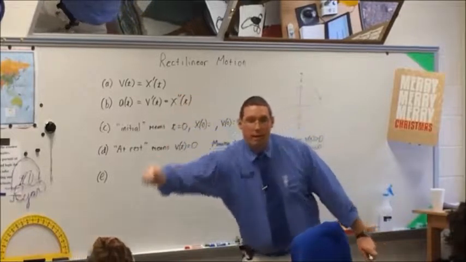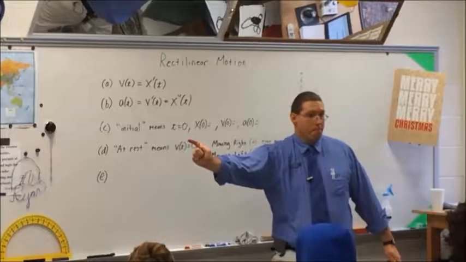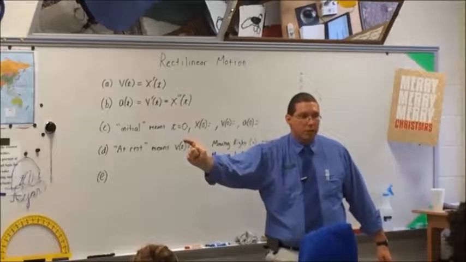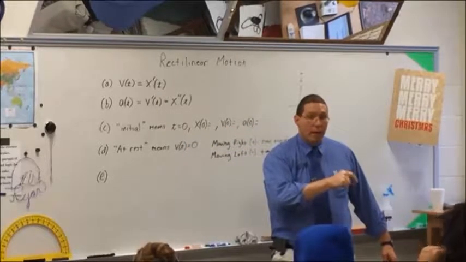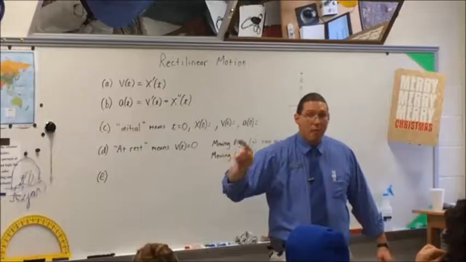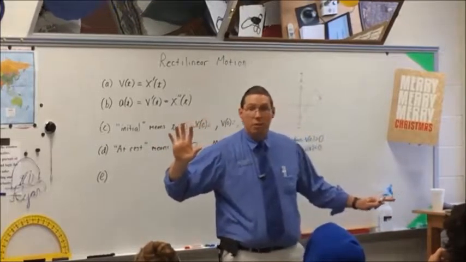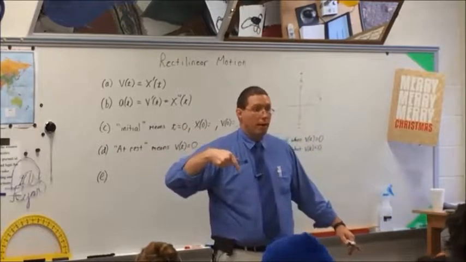It's not doing this, okay? It's going back and forth. So there's only two kinds of changing direction: going right and then going left, and going left and then going right. Those are the only two choices. You're either changing direction from right to left or from left to right.